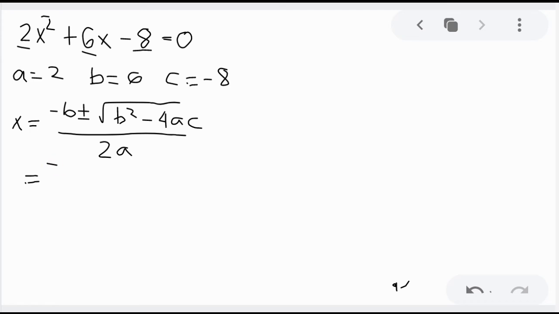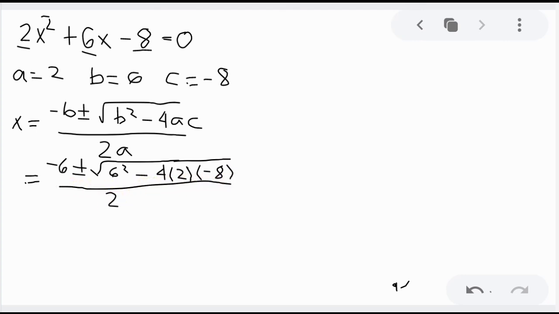We have negative b, where b is 6, plus or minus the radical sign of 6 squared minus 4 times a, which is 2, times c, which is negative 8, all over 2 times a, which is 2.